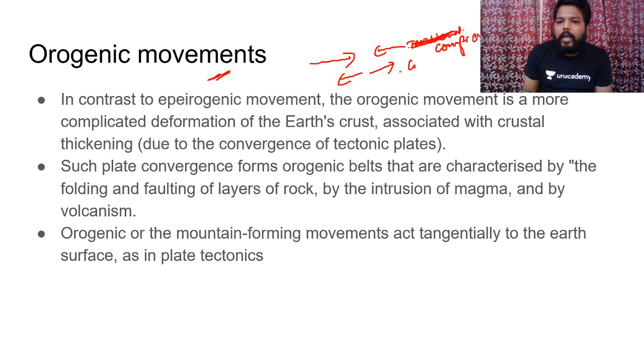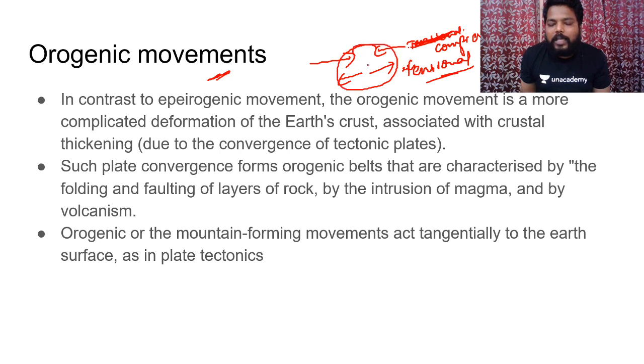And when they are moving away from each other, they are called tensional forces. Clear? Due to this movement, we can see either the process of fold mountain building, or the process of fault development, because of which we experience block mountain development. All these aspects we can easily observe.